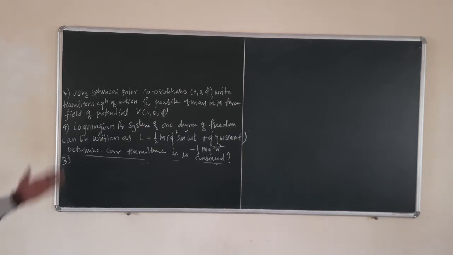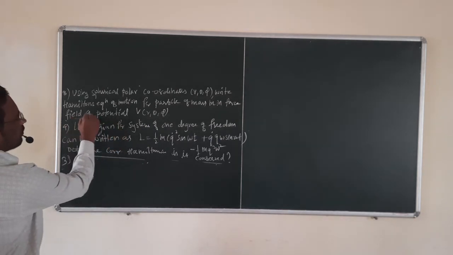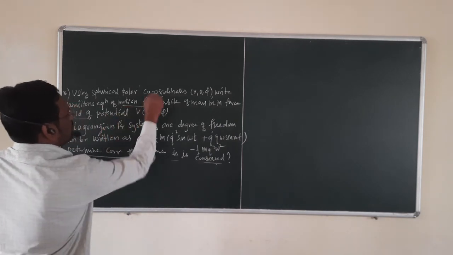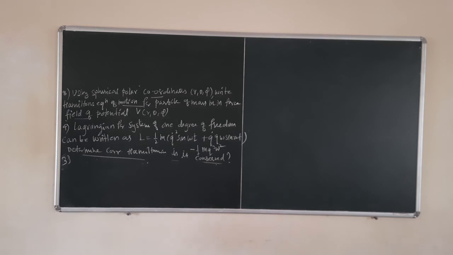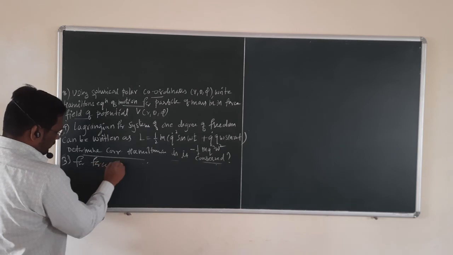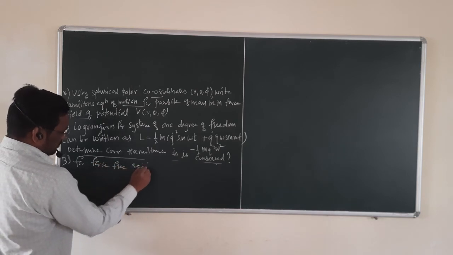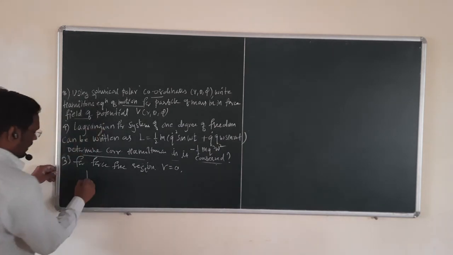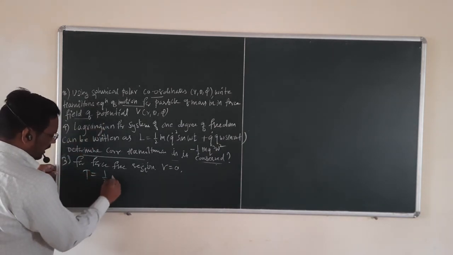Here again, since we are dealing with a force free region, potential energy is zero. So for a force free region, V is equal to 0 and kinetic energy is 1/2 m.